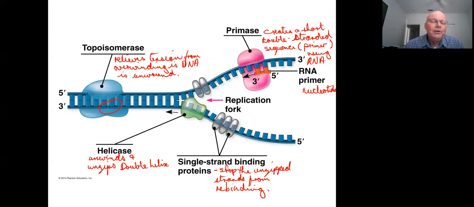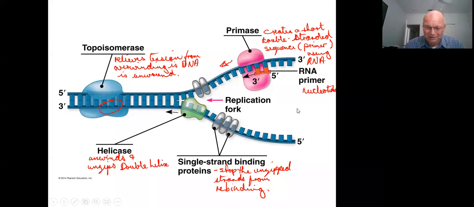Because of the way the DNA polymerases operate, DNA polymerases always read the DNA in a 3' to 5' direction, but build the complementary strand in a 5' to 3' direction, which is why the primer is located on this strand. And you can see that the primer has a 5' end and a 3' end. The primase is simply moving in this direction, adding in the RNA nucleotides according to what the nucleotides are in the template strand that it's copying.